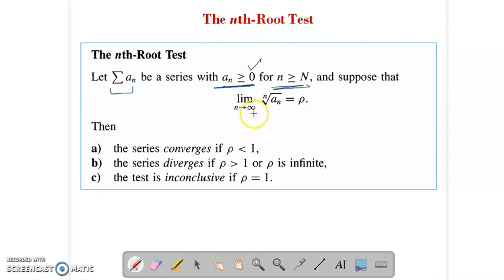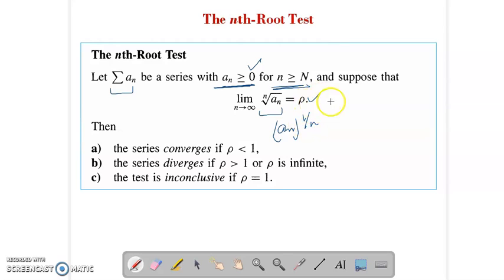And suppose that the limit as n tends to infinity of the nth root of a_n turns out to be a number rho.